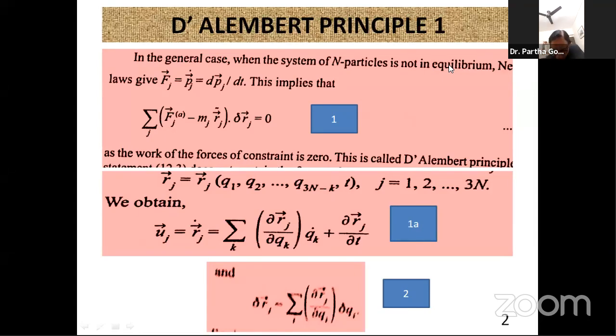As I said right at the beginning, right now we are giving an idea of the Lagrangian formulation of particle dynamics. All of us, our students, have at a lower level studied particle dynamics through the Newtonian approach.